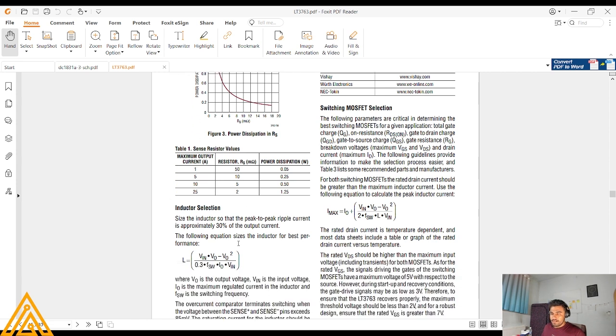And the second thing that is very important is our inductor selection. Inductor selection is based on a series of variables. One of the things that is really important is our frequency.